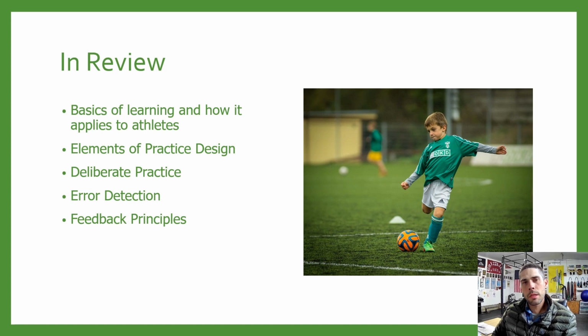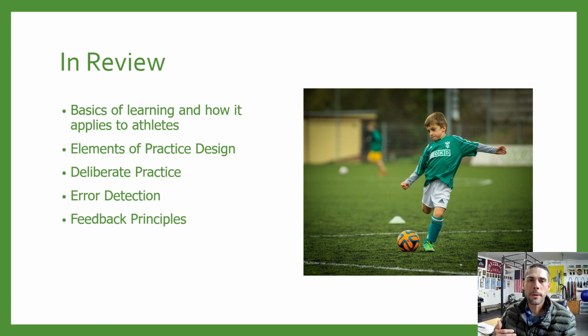So with that, I want to thank you for listening to this presentation. In review, we covered a lot of different things, the basics of learning. How do we define that relatively permanent change, and how does that apply to athletes, right? Then, what are the elements of an optimal practice design? How do we put that together? What are the considerations? We want to make sure that deliberate practice is a part of it. That should be a key term in our vocabulary.